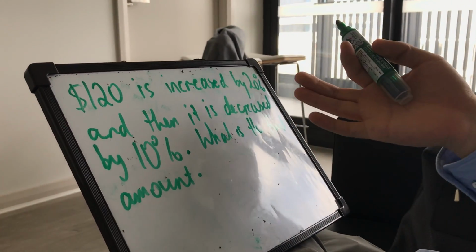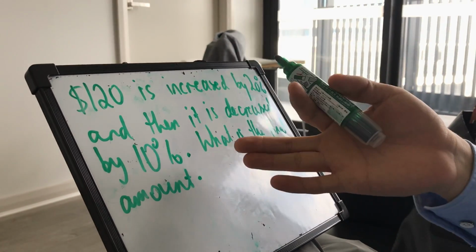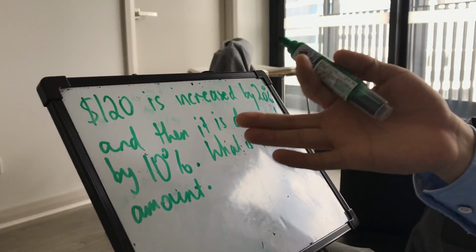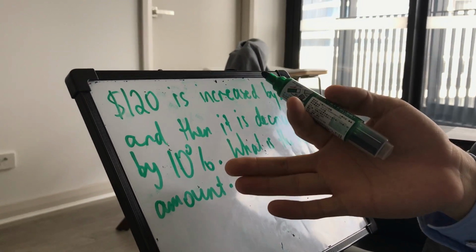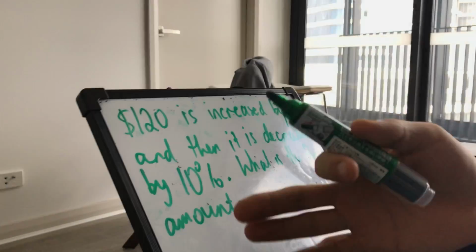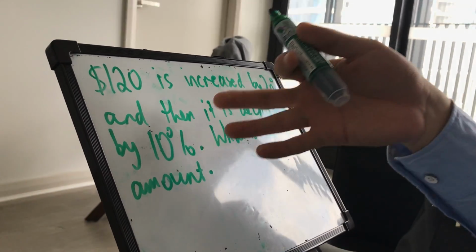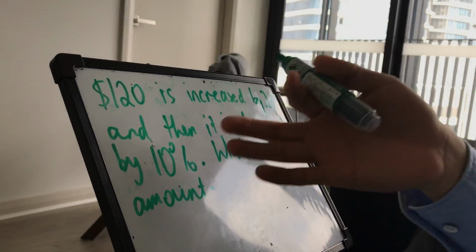Then you actually have the possibility that the final amount is even lower than the original amount, because you're decreasing it by 10% overall without worrying about increasing by 20%. But if it was a multiple choice question, it would eliminate that possibility.